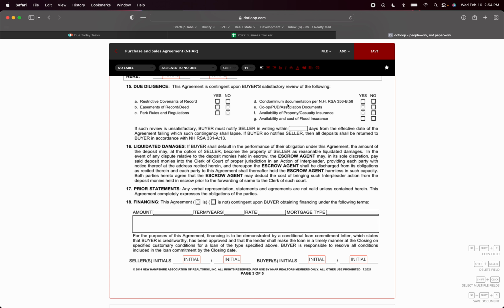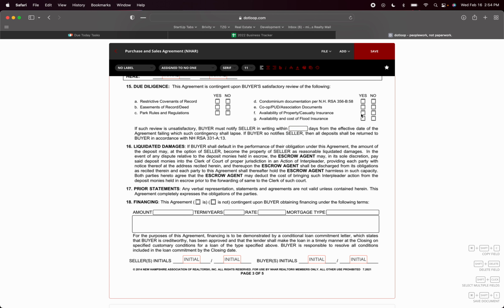Same with condo deeds, or condo documents rather, association documents. This due diligence period, whatever you put here, again counted from the effective date, is going to be the window of opportunity that the buyer has to review all of that information about the property and make a decision about whether or not to move forward.